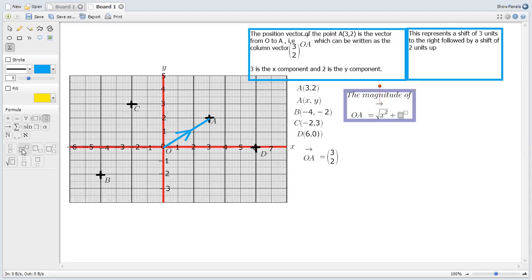Everything must be squared too, you know.